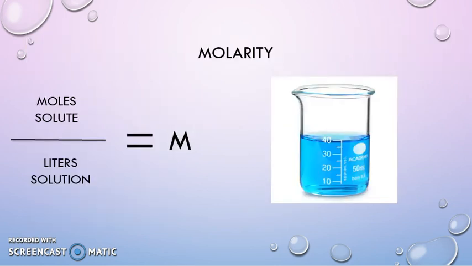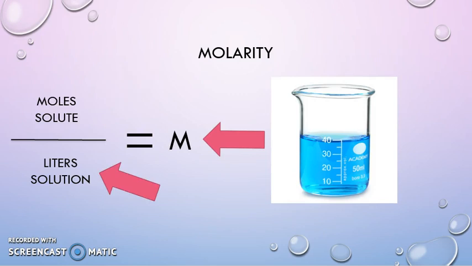So let's go back to this equation here. Now, not all problems are going to be exactly like the one that I gave you, but they're all pretty similar. Some problems give you moles and liters in one way or another. Some problems will give you grams that you have to convert to moles. Some will give you milliliters that you have to convert to liters. Other problems are even more twisted. Maybe they'll give you moles and molarity, and they'll ask you to solve for the liters.